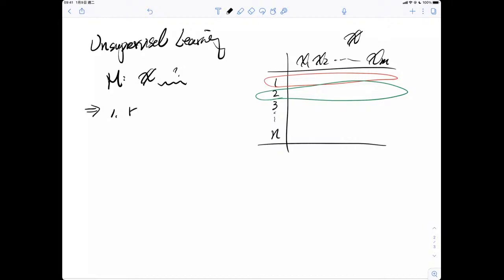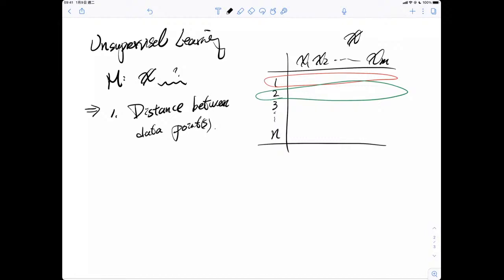We can write it in a more professional way: distance between data points. That means given two data points, how close they are, how far away they are. What is the distance between data point 1 and data point 2?